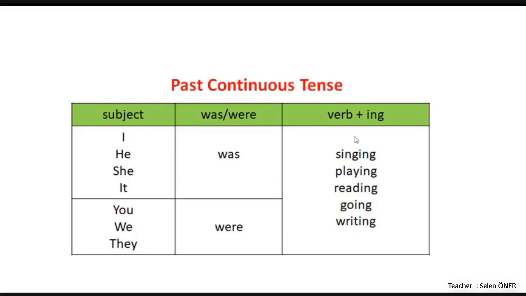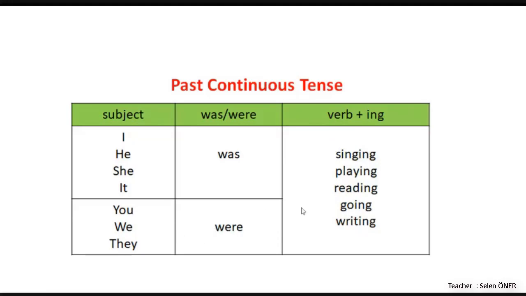Look at the table. These are subjects, was and were, and the verb plus ing. For instance, I was playing. He was reading, okay? She was writing. You were singing.